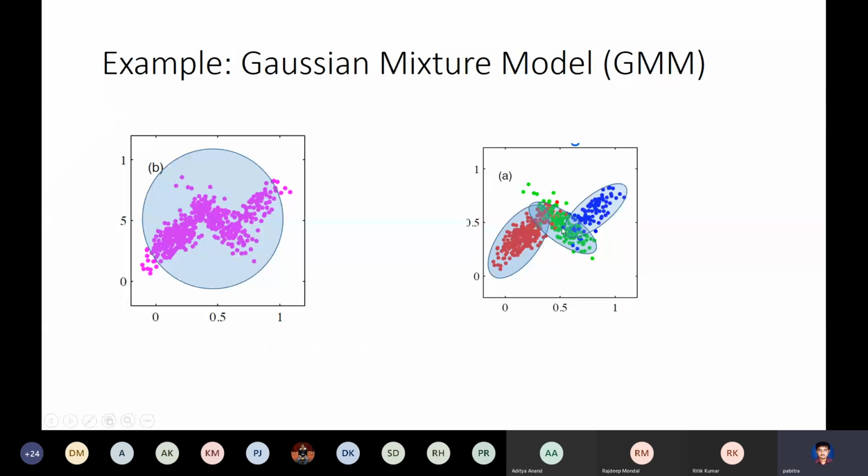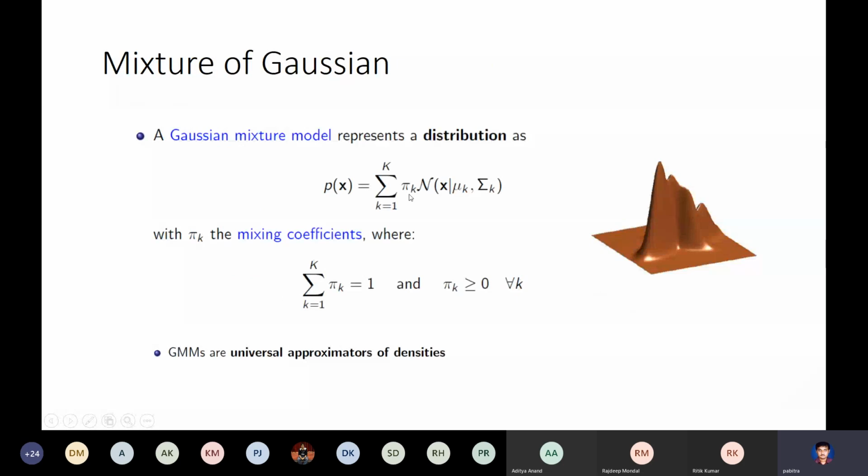So you have three Gaussians, and then we have a mixing coefficient known as pi 1, pi 2, pi 3. So it's kind of the weight of each of the Gaussians. It's called the mixing coefficient.